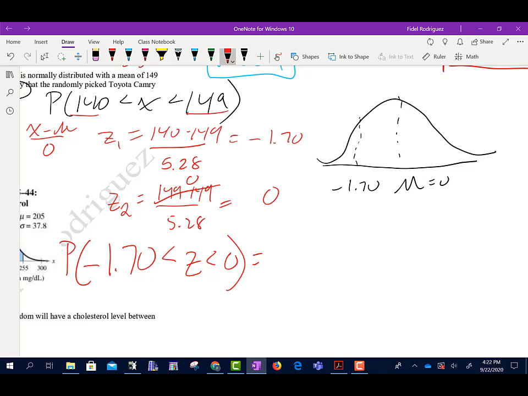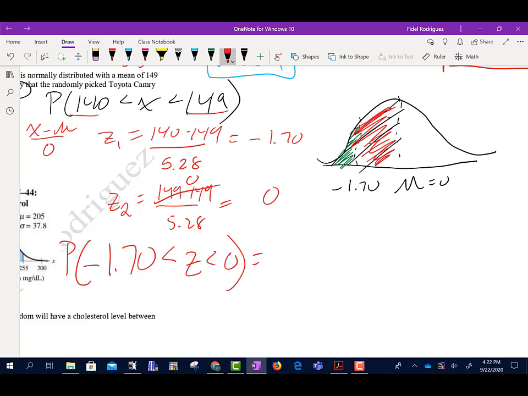And we are trying to find the area here in the middle. Okay, we're trying to find the area in the middle. So, a couple of ways I could do it, right? I can say, let me find the area to the left of negative 1.70 using my table, right? And then let me find the area to the left here, and then I would subtract those two numbers to find the area in the middle.